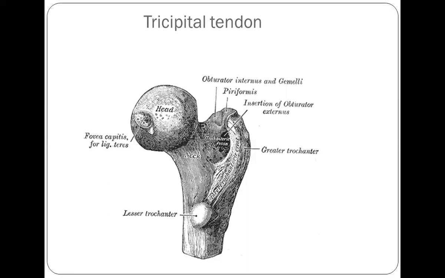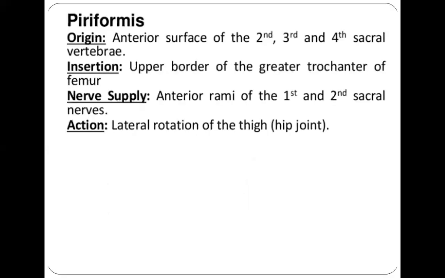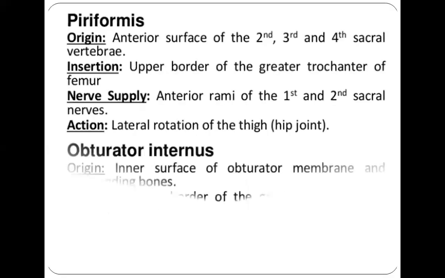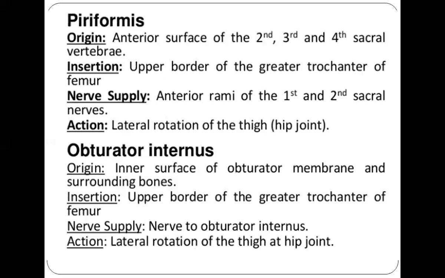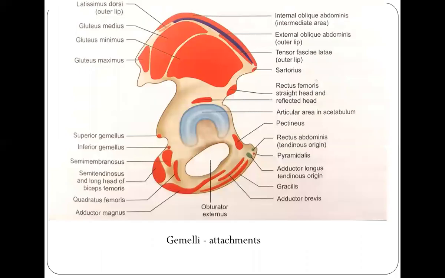Yes, nerve supply is by the nerve to obturator internus. Among the pelvic structures, the nerve to obturator internus supplies this muscle. If interested, you can learn the root value. This is just the details of the muscles. It's given in your textbook, so please learn it.